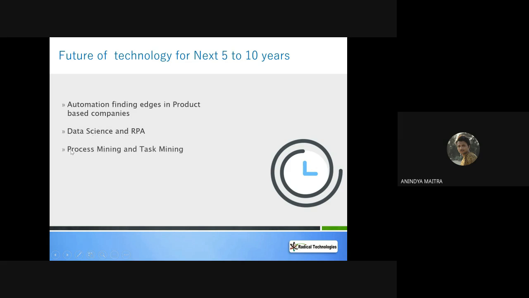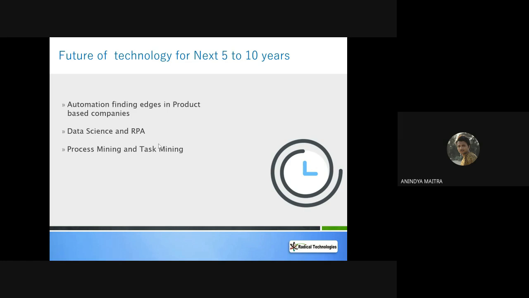Next, process mining and task mining. This is also important, but it is not purely technical, because nowadays process mining and task mining are becoming very important. In some large organizational processes, we do not always need to introduce robots. With process mining and task mining, we can solve the problem. Suppose there is a high transactional process, because in a large organization the end-to-end flow of an invoice is not that smooth.